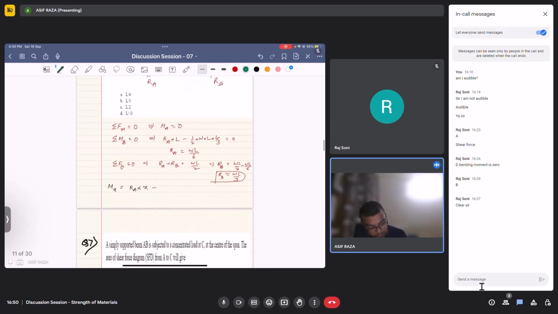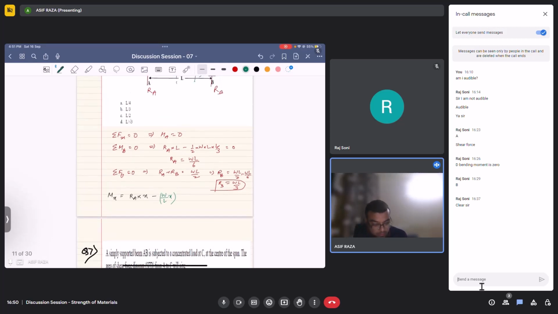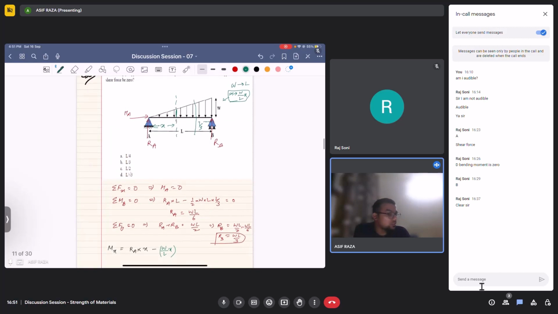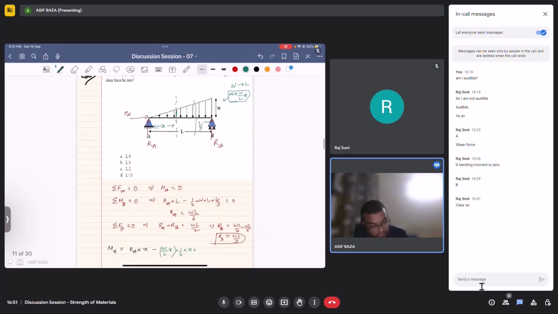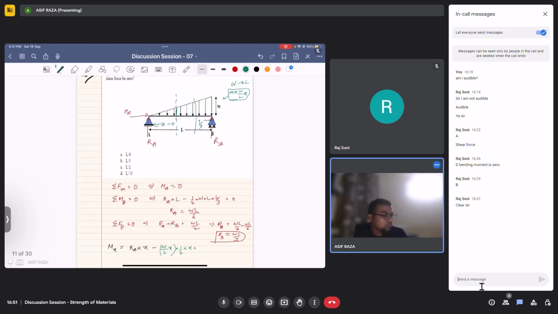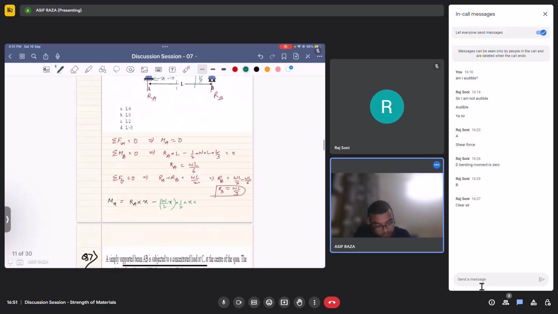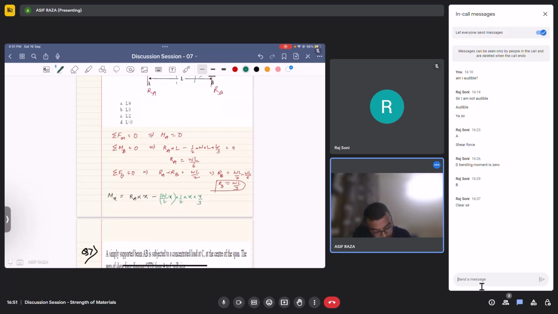Since it's a uniformly varying load, we just need to multiply it with 1 by 2 times x, and we can convert this uniformly varying load to a concentrated load, and it will act at x by 3 from here.